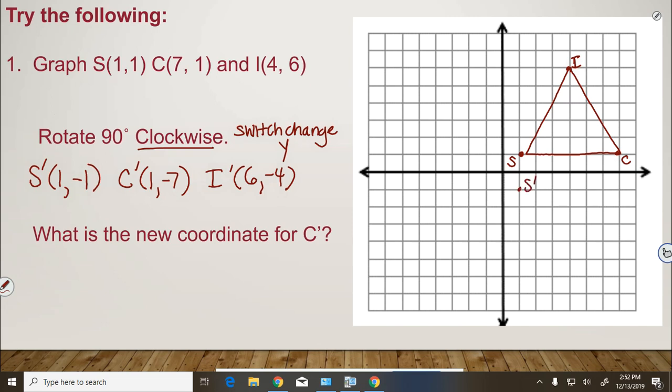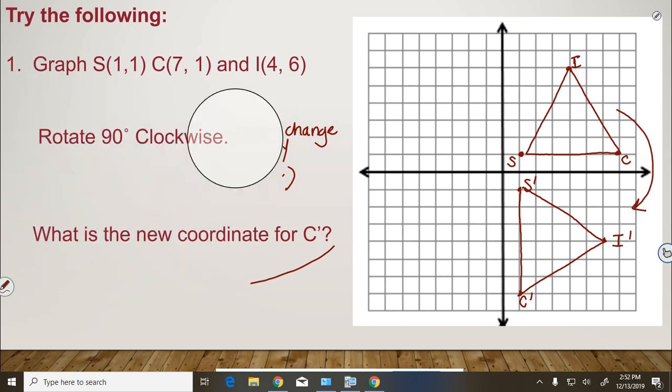C prime is (1, -7), so we go right 1, down 7. And I prime is (6, -4), so we go right 6 and down 4. And you can see that the triangle has rotated 90 degrees clockwise around the origin. And we already have C prime, so we don't need to rewrite it.